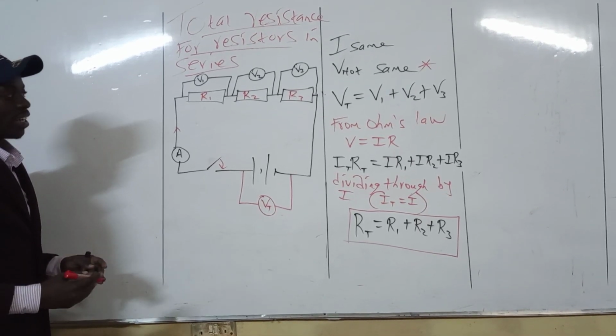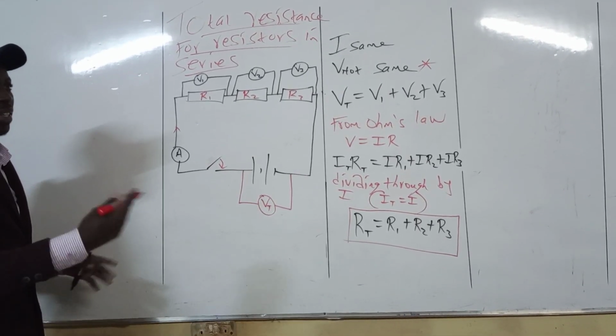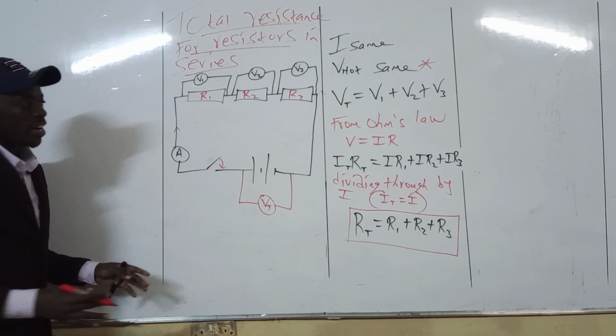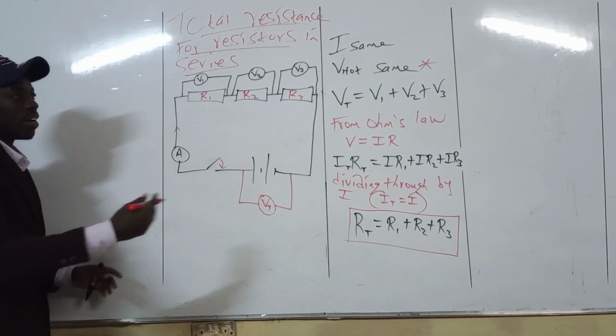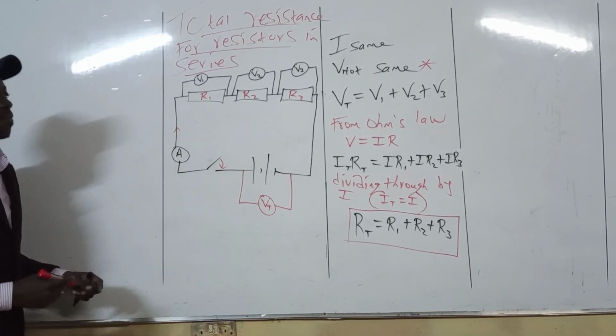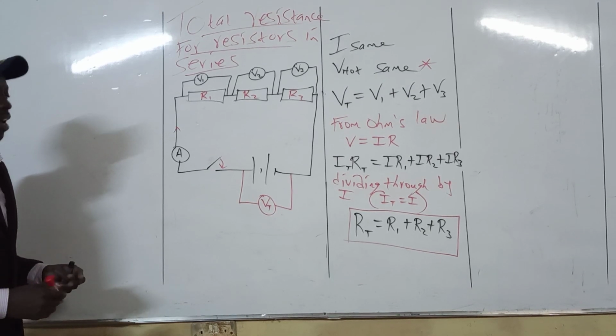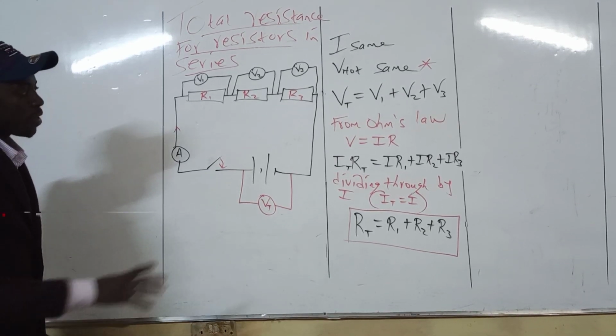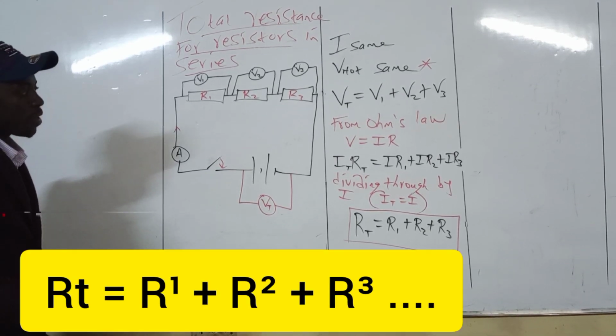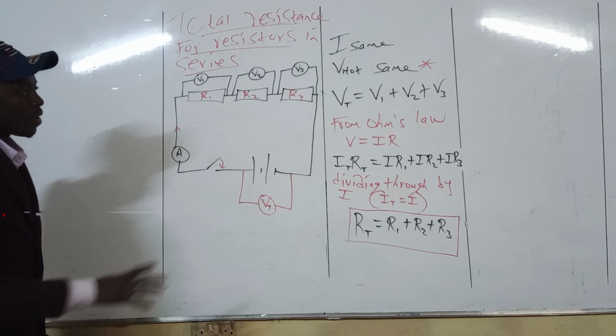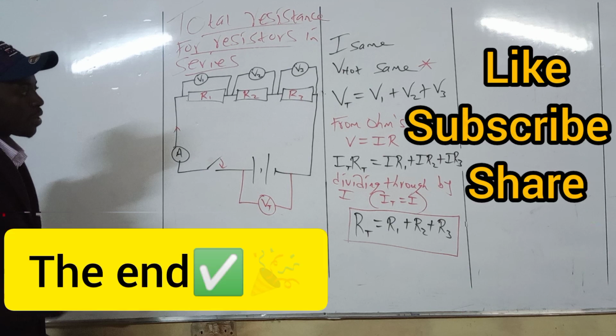In other words, total resistance for resistors in series is given by adding the resistors directly: R1 plus R2 plus R3. Even if they are five, just say R1 plus R2 plus R3 plus R4 plus R5. So that's how you get the total resistance for resistors in series.